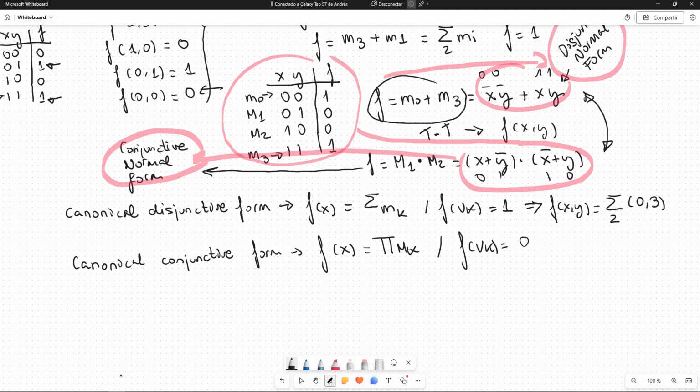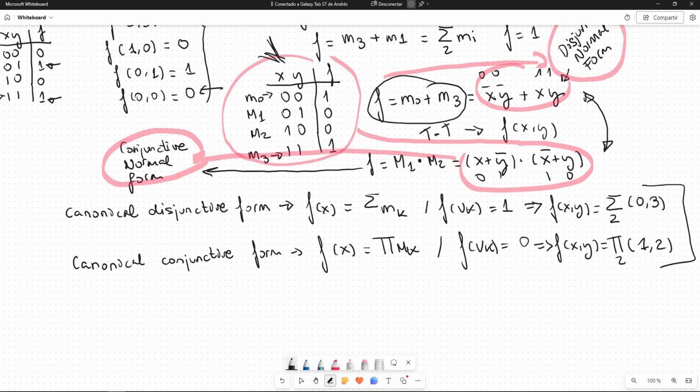Because it's the minterm 0 and 3. We can express the canonical conjunctive form in a compact way as the product of a two-variable function of the max terms 1 and 2. Okay? These are the compact representations of the canonical disjunctive and conjunctive forms of the function in the example, this one.